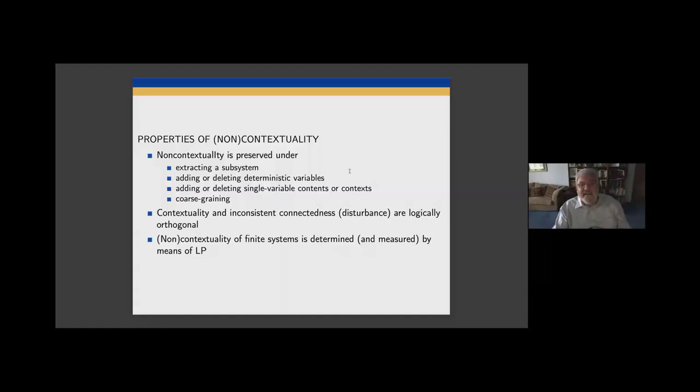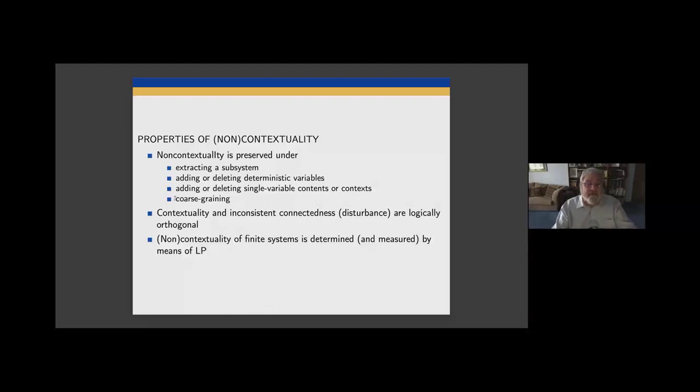If you add or delete deterministic variables to or from a system, the contextuality should not change. Adding or deleting single variable contents or context also doesn't change contextuality. Coarse graining of the random variables does not create a contextual system from a non-contextual one, so non-contextuality is preserved.